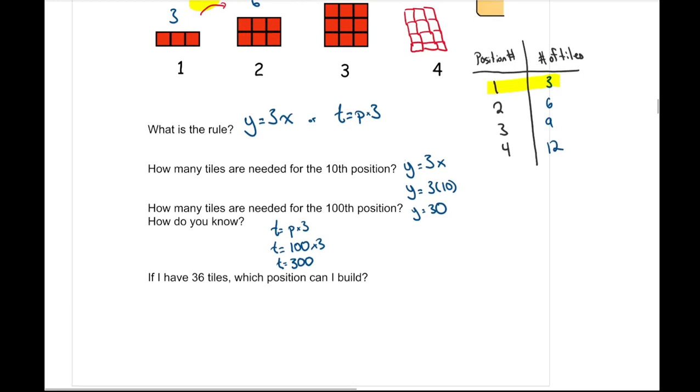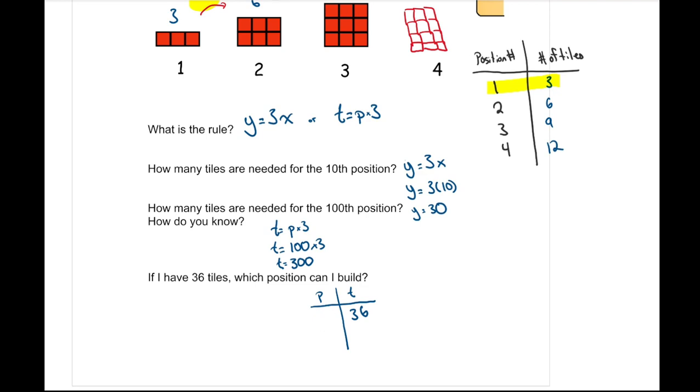Now, what if I already know how many tiles I have and I want to figure out what position would that build? Well, this is similar if we think of our table. This is similar if I know the second column, but I'm missing the first one.